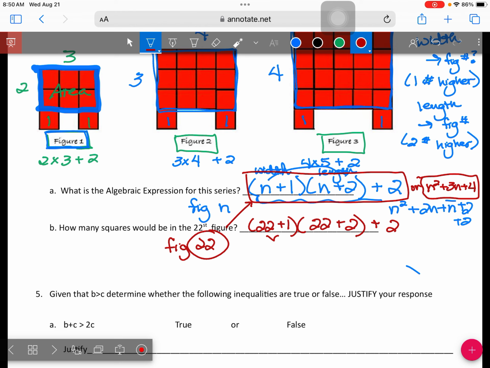And this is 23 times 24 plus 2. I don't know what this is. Does anybody have 23 times 24? 552 plus the 2 means there would be 554 tiles or squares.